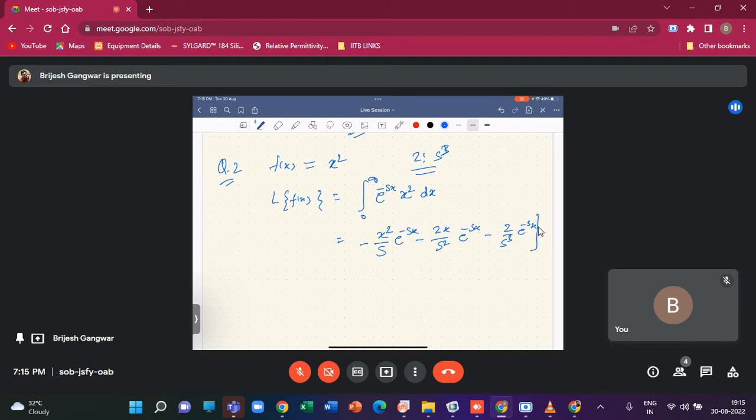Actually, we are integrating by parts in two steps. First, we have x square e to the power minus sx. Then again we will get one integration of x e to the power minus sx. Again, we will do this integrating by parts. So we will get 2 in this one.